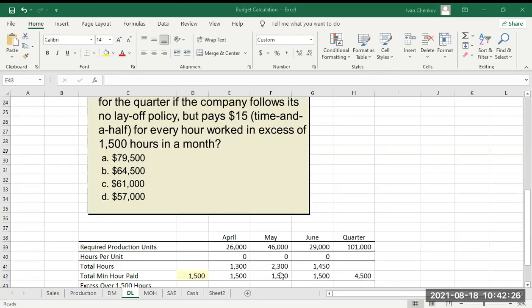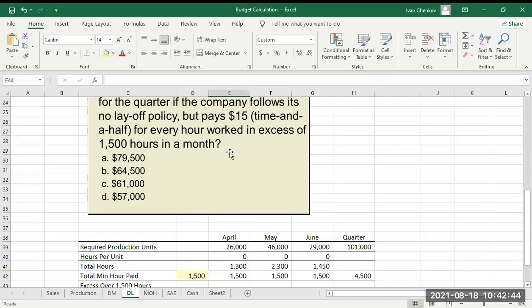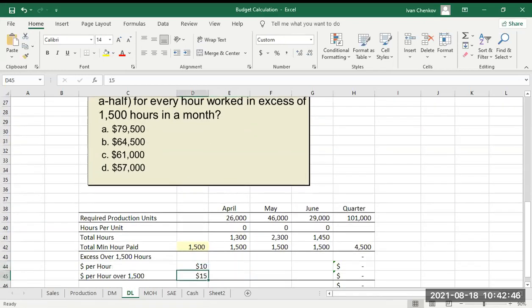So what does that mean to us? They're still paying for the 1,500 hours. For the 1,500, they're going to pay $10, and for everything over 1,500, they're going to pay $15.